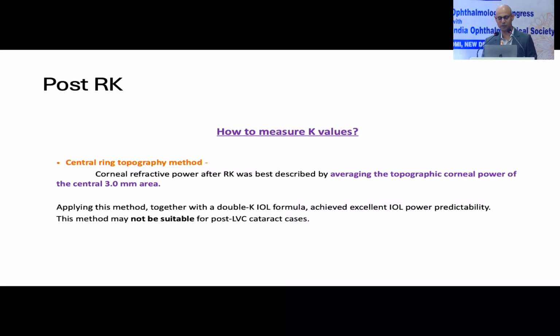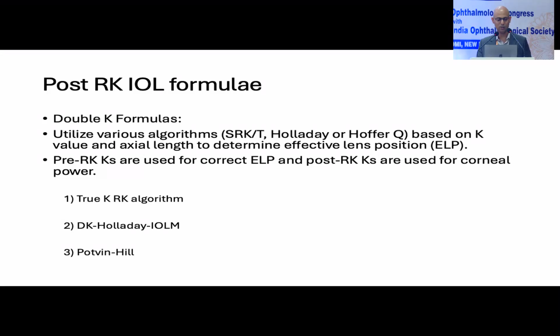How to measure the K values, basically that's what you are trying to do in both post LASIK and post RK. You can take central measurements, you can actually put your cursor in the center of the cornea and take multiple readings, and this can be used, but it's a little cumbersome and not very accurate.